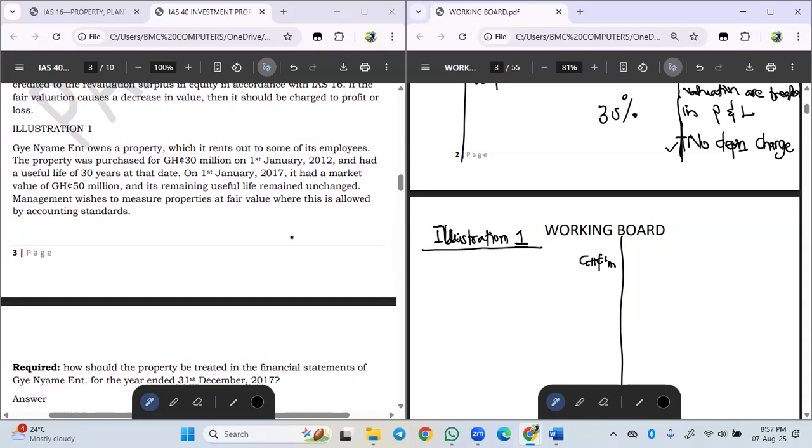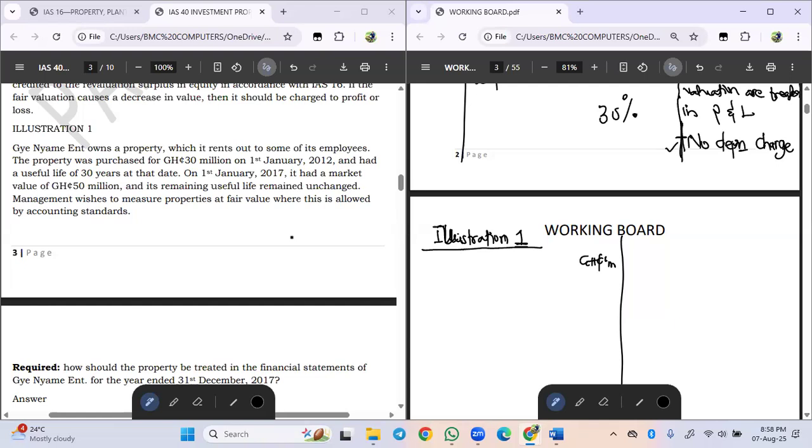So this one, are we using IAS 16 or IAS 40? IAS 40. Okay. Why? And if anyone has another answer or an alternative solution, that person too can bring it out. So please, why IAS 40?